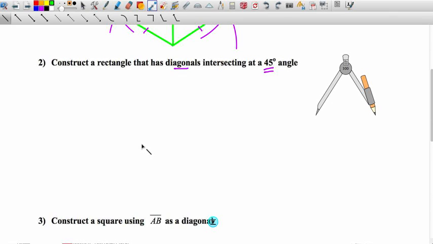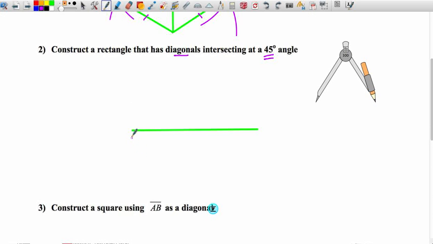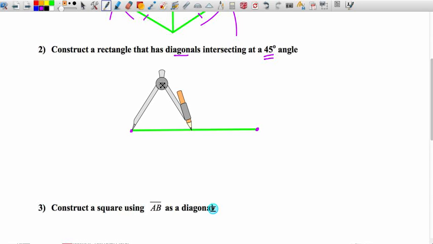Again, I'm going to choose a random length, and again I will mark off endpoints. What I will do is perpendicularly bisect this segment to begin with to give me my 90-degree angle. So I'll go over halfway, rotate round, and we'll do the football construction.